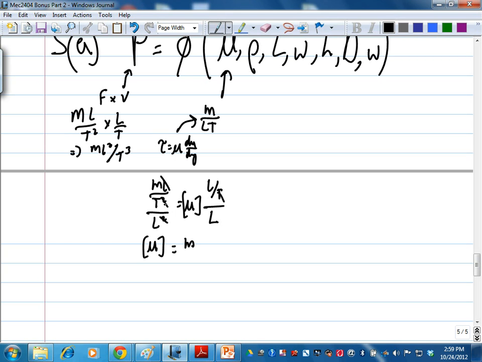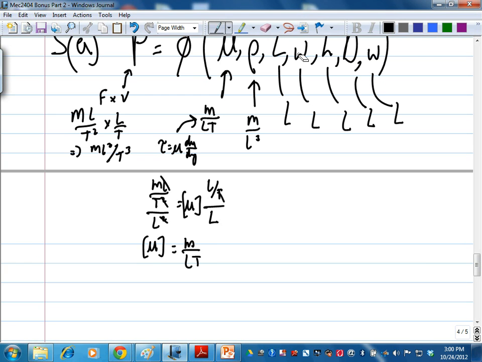Rho is mass M over L cubed. This one length. This one length. This one is omega, 1 over T. Okay.